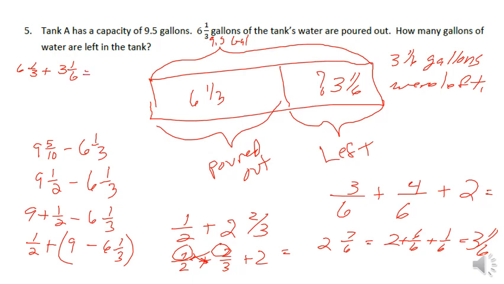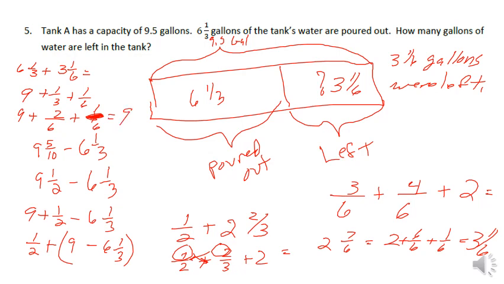So when I add these up, I know I got 9 plus 1/3 plus 1/6. I can rewrite these fractions. I can see its common denominator is going to be 6. So I'm going to leave this one as 1/6. And 2 times 3 is 6. 2 times 1 is 2.